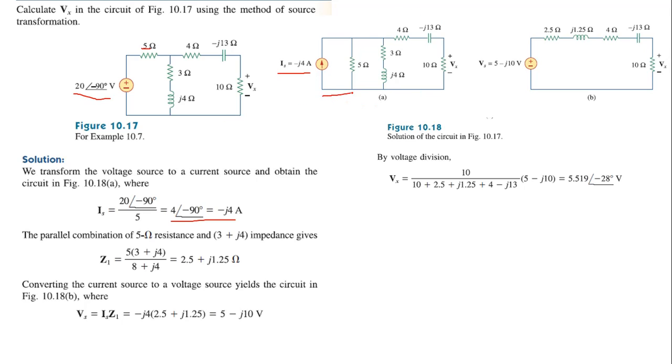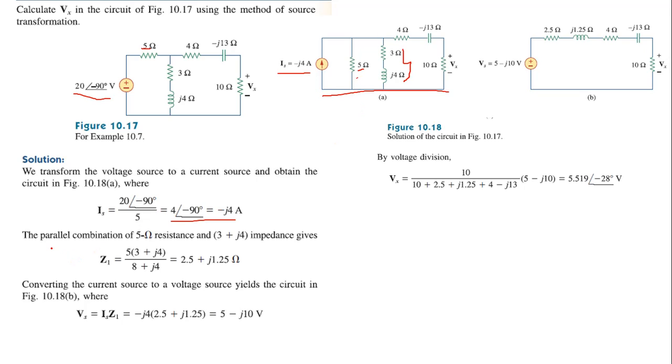Now if we look at this circuit, we can see a 5 ohm resistor, and a 3 ohm resistor and J4. These two are in series, and the equivalent is in parallel with 5 ohms.